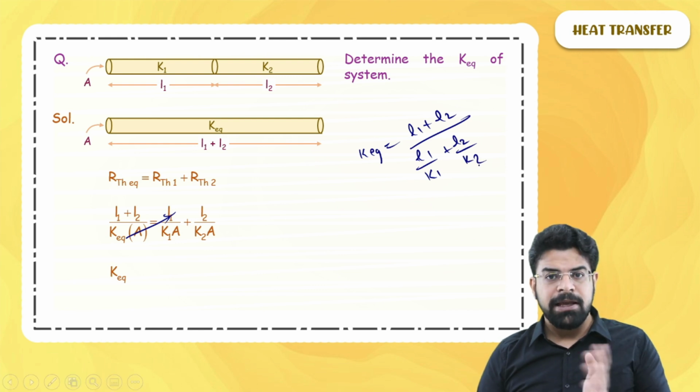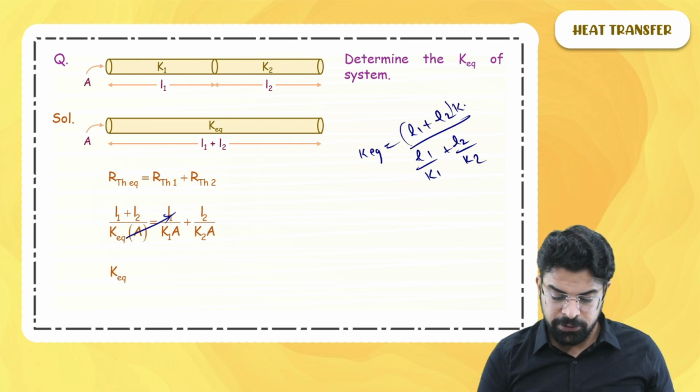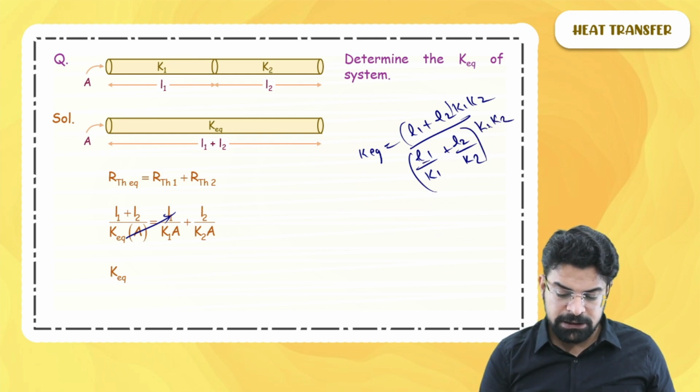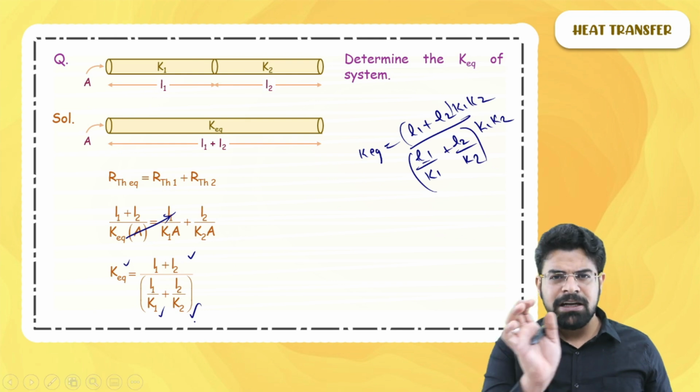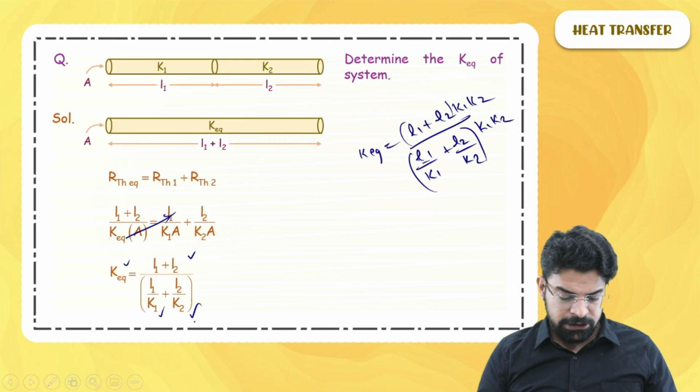Multiplying K1 K2 to each term in numerator and denominator, you will get L1 K2 plus L2 K1. So you can write K equivalent equals (L1 plus L2) upon (L1 by K1 plus L2 by K2). Multiply K1 K2 to each term and you will get the answer.